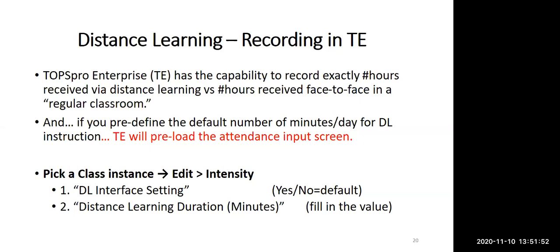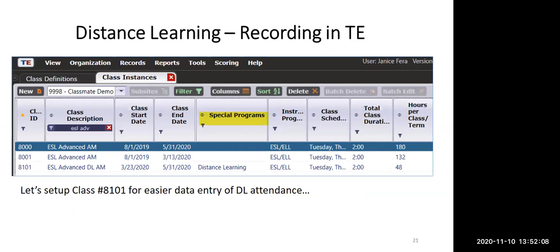So here are some TE directions where you go into the class instance record and edit the intensity field, where you can look at the interface setting and fill in how many minutes are DL and so on. Here's another screenshot where you can open up that class instance.